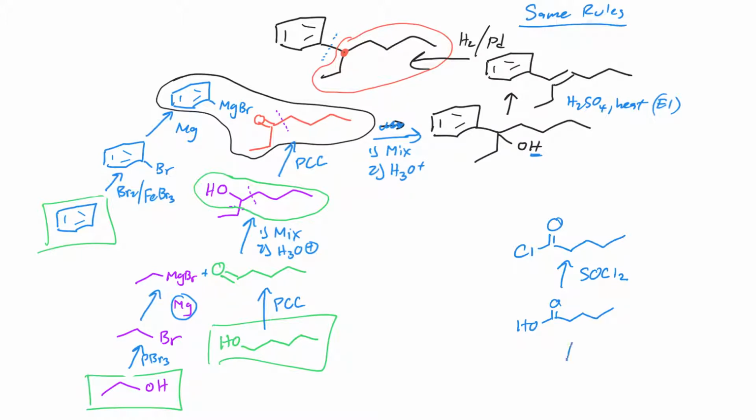And I have no problem if you read ahead. It's actually just a 2-step sequence from a primary alcohol. So certainly you could make acid chlorides, but you need to show me how to do that from the 5-carbon alcohol, or however many carbons you want. You can't just buy that. So make sure you're following the rules.